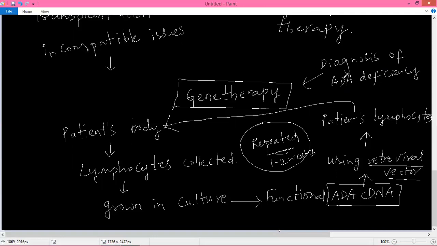Whenever you transfer this normal ADA cDNA gene into the bone marrow cells in embryonic stages, it could give a permanent cure. That's it. So this is all about gene therapy.